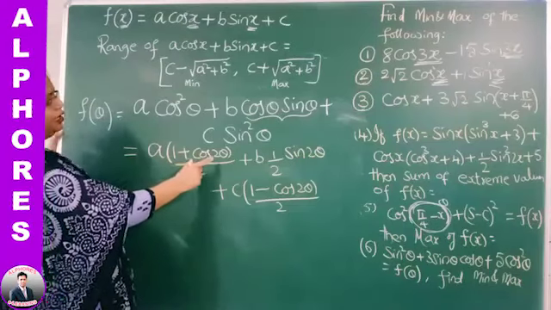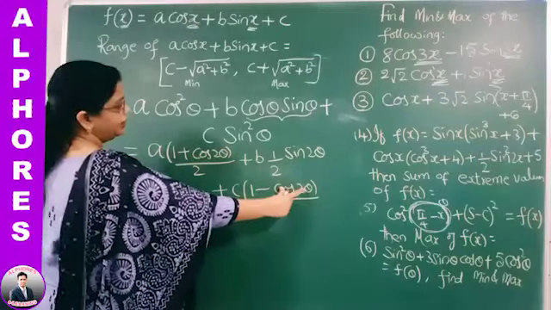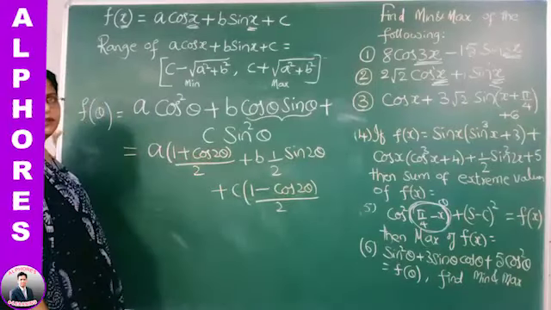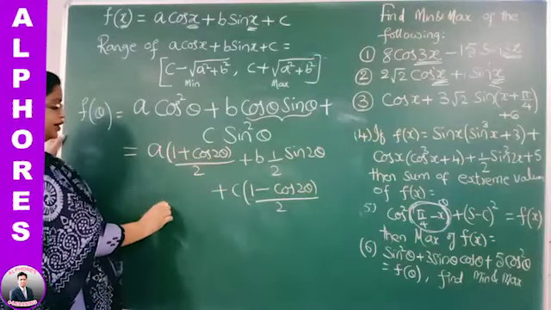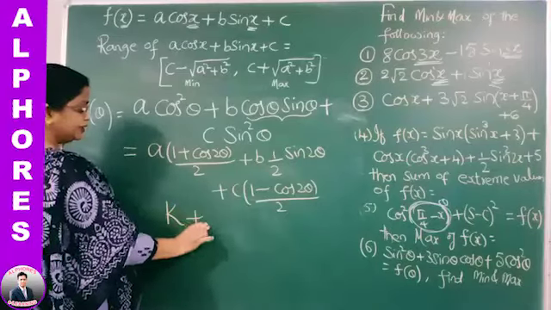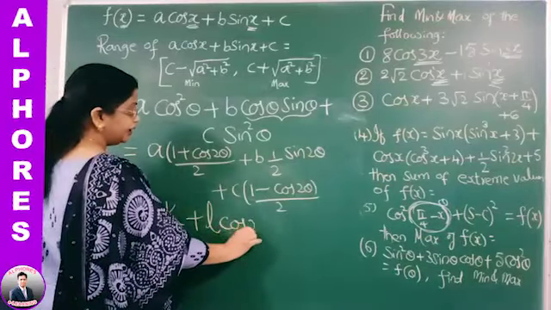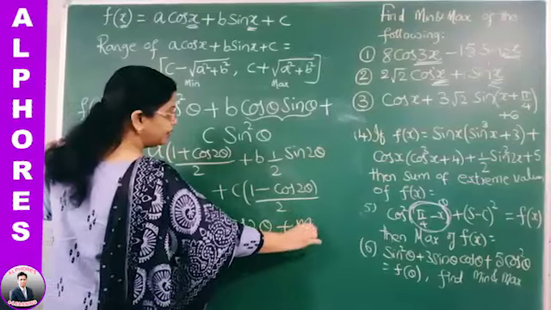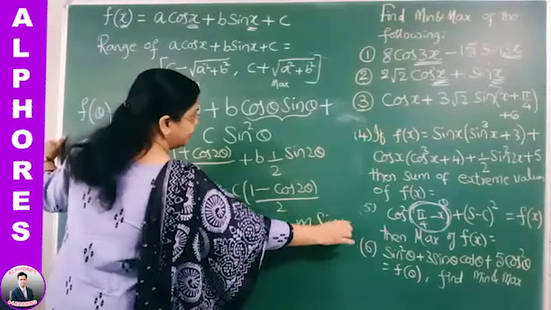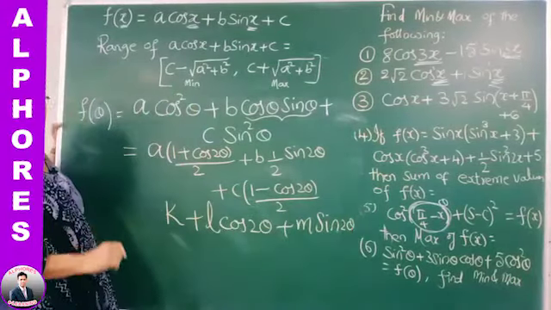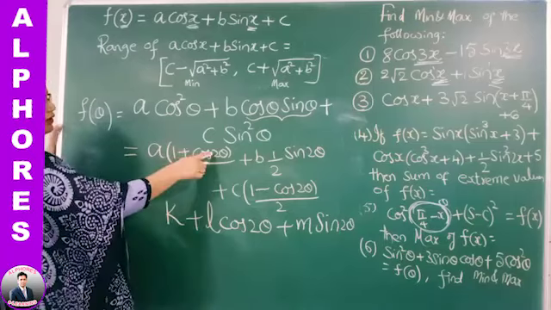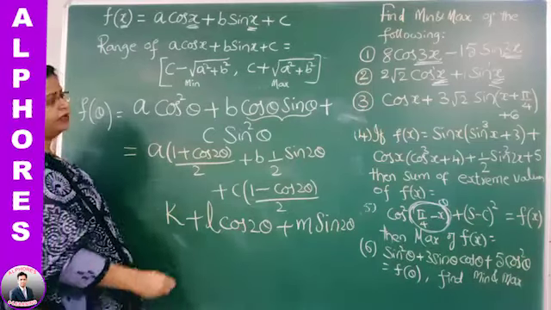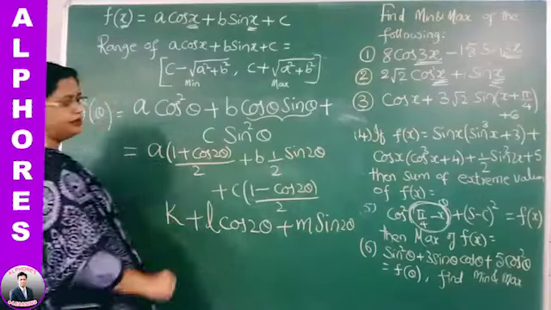Then for the other values, you can take cos 2 theta common, and you will get some constant value. You now have some k plus L into cos 2 theta plus m into sin 2 theta, after you simplify the constant terms. Got it? One is the cos 2 theta coefficient and another one is the sin 2 theta coefficient.